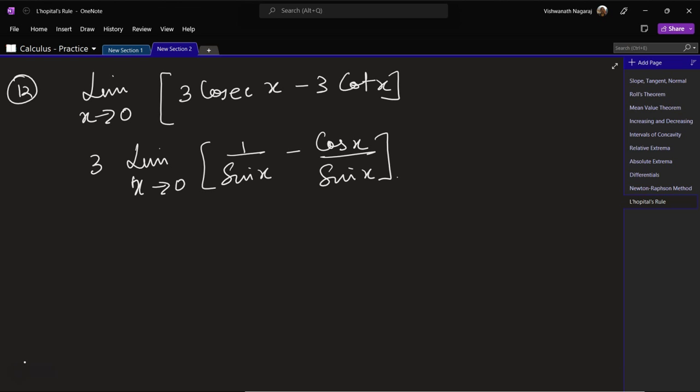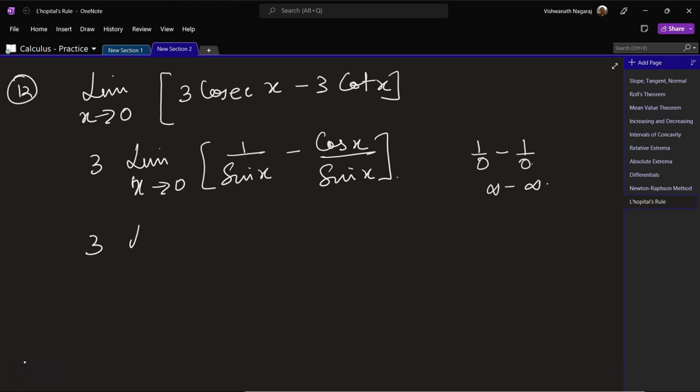Now if we do direct substitution, what do we get? 1 by 0, and cos x is again 1 and sin x is 0. So this is infinity minus infinity. So indeterminate form. That means we can apply the L'Hopital's rule.